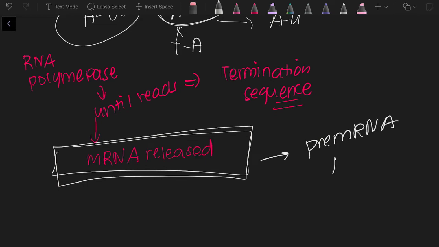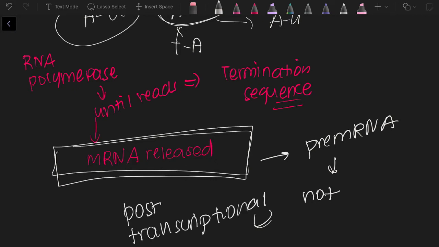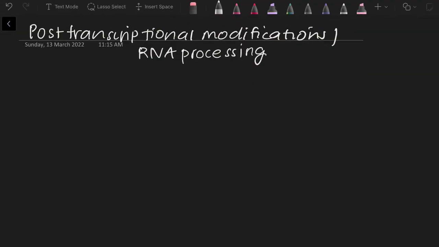Why? Because it has not undergone any post-transcriptional modifications, which is what we are going to be looking at in the next part.